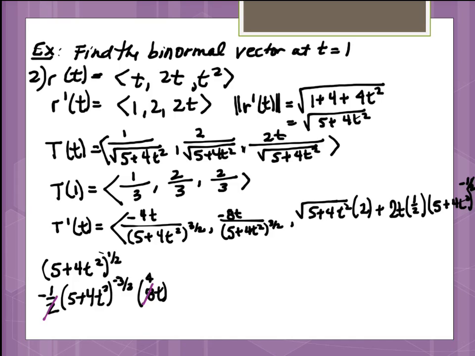What am I missing? The 8t. That's a perfectly fine location for it, simply because we're doing multiplication here. And this is all over the denominator squared, which would then give me 5 plus 4t squared.